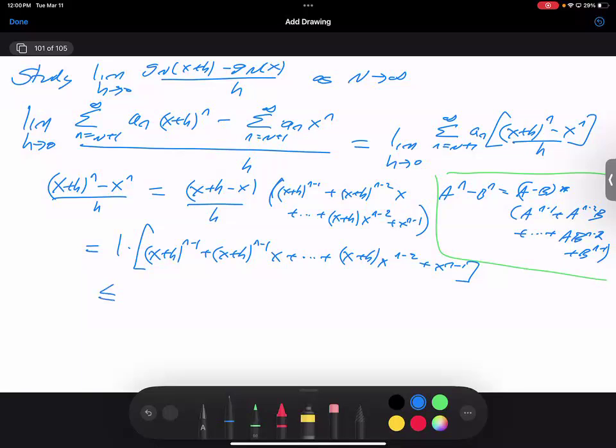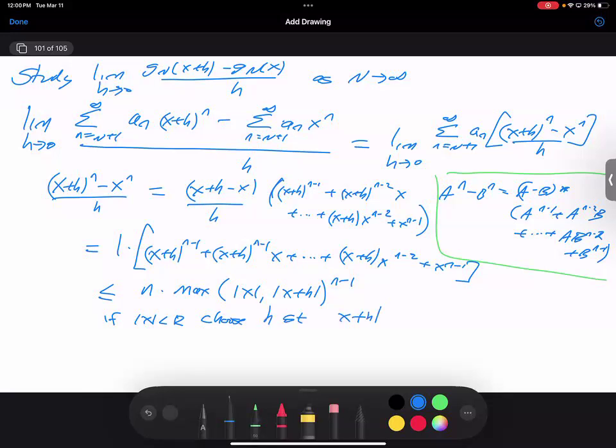So this is going to be less than or equal to n times the maximum of the absolute value of x, absolute value of x plus h, raised to the n minus first power. Right? So if the absolute value of x is less than r, choose h so that x plus h in absolute value is less than, let's say, r minus epsilon tilde, which is strictly less than r.